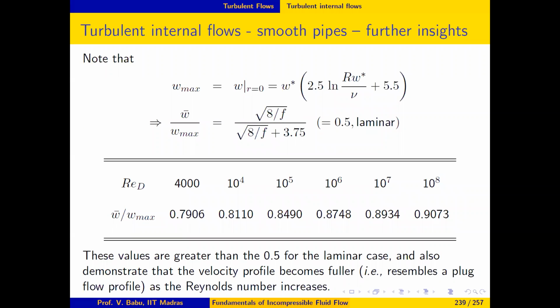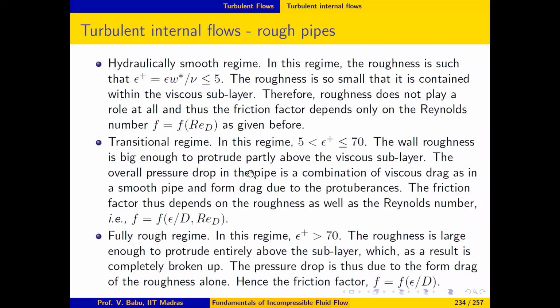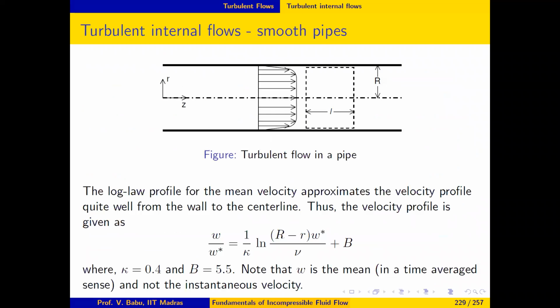Let us get some insights into the flow field in turbulent internal flow. It may be recalled that in the previous lecture, we had actually started with the log law profile for the velocity in the pipe.